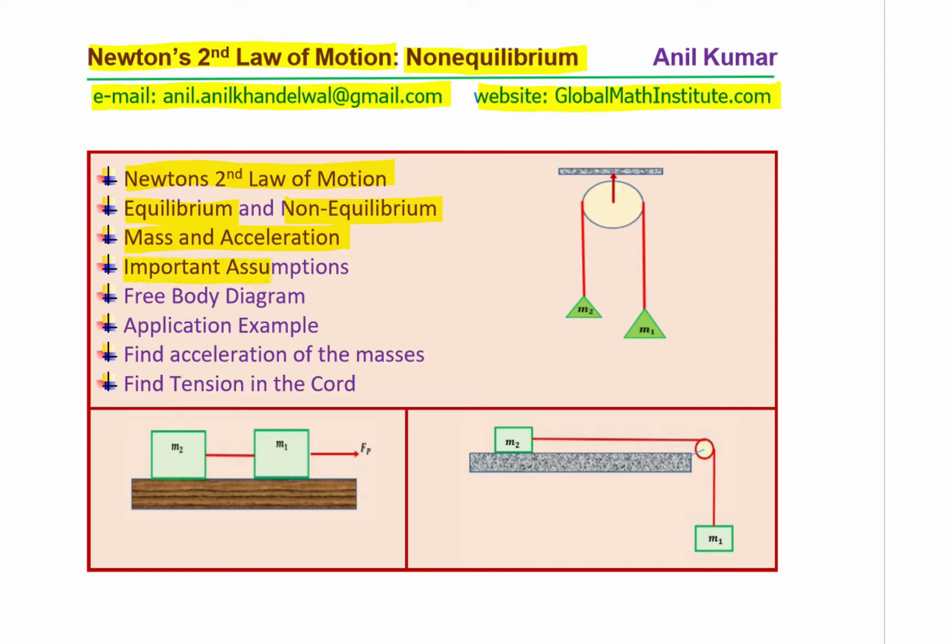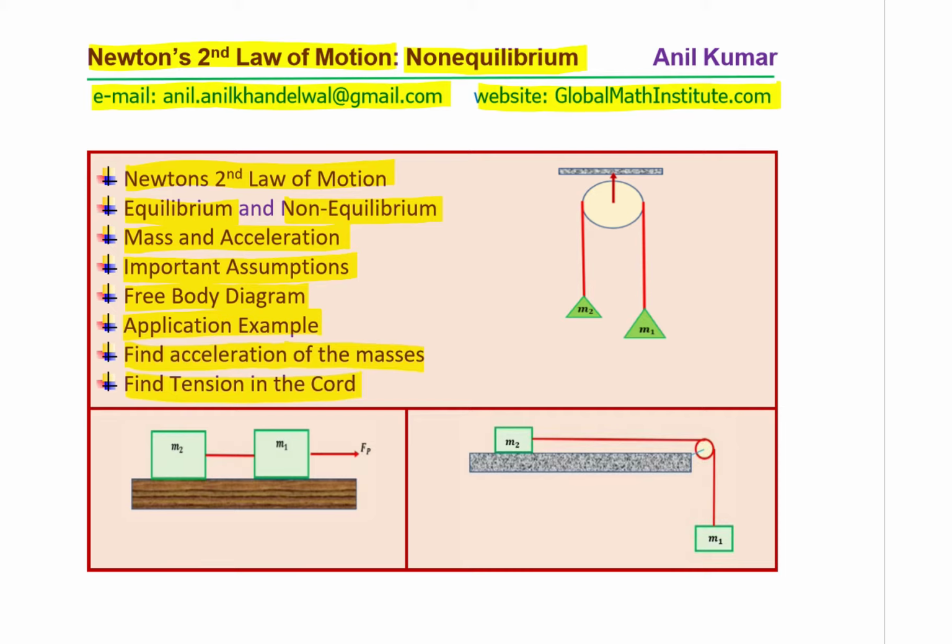When we do this, we also need some assumptions, which we'll talk about in detail. We'll make free body diagrams to solve most of our questions, and all these examples will help us understand the applications. We'll generally find the acceleration of the masses and the tension in the cord.